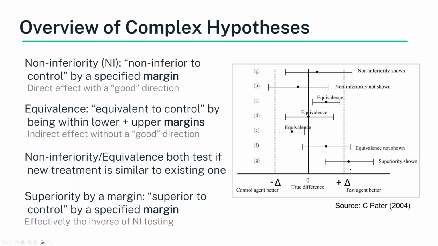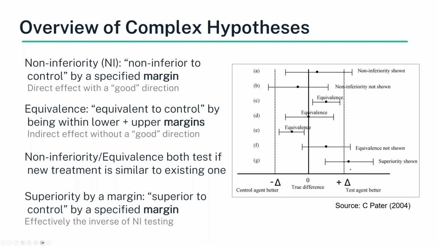So in this figure on the right here, you can see that we have two scenarios, A and B. In scenario A, you can see that non-inferiority is shown because the confidence interval is fully above this non-inferiority margin. However, in the second scenario, non-inferiority is not shown because the non-inferiority margin is within the confidence interval.